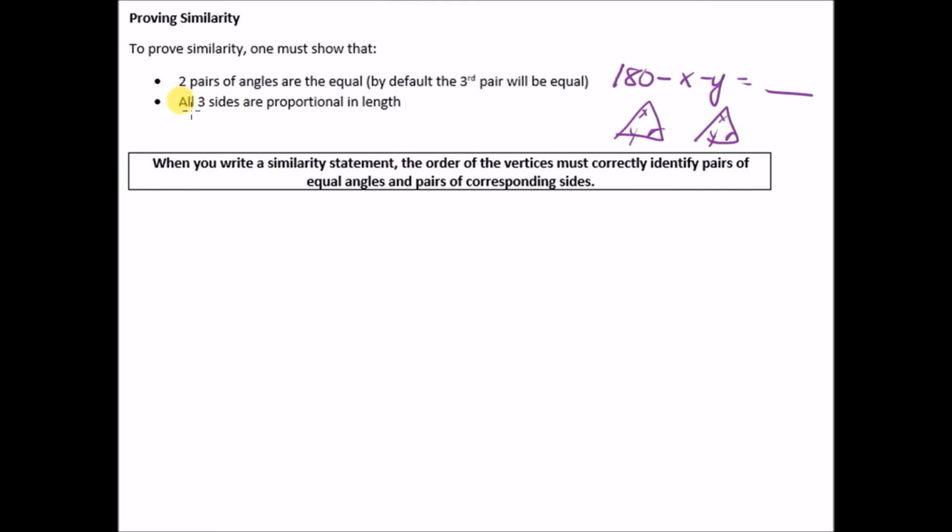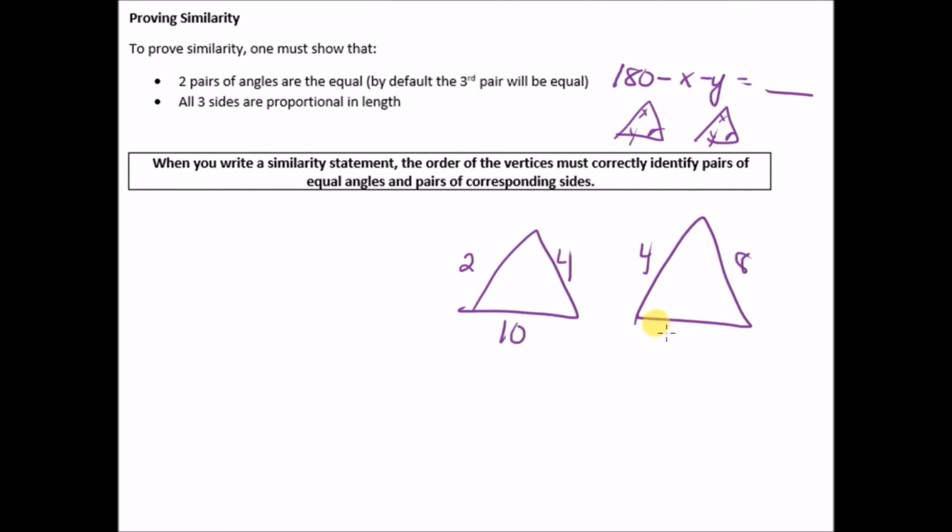Or we have to show that all three sides are proportional in length. The other situation is that you can have a 2 and a 4, and a 4 and an 8, and let's go a 10 and a 20. So you can see all of these side lengths are doubled. We have to show that all three of the side lengths are proportional.